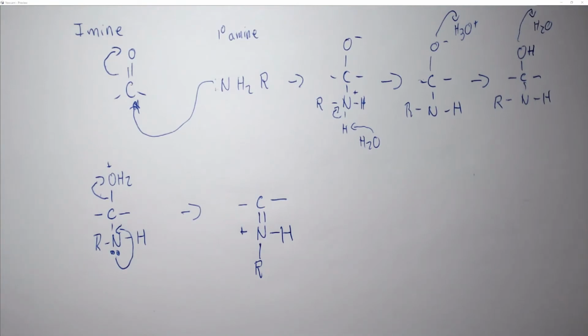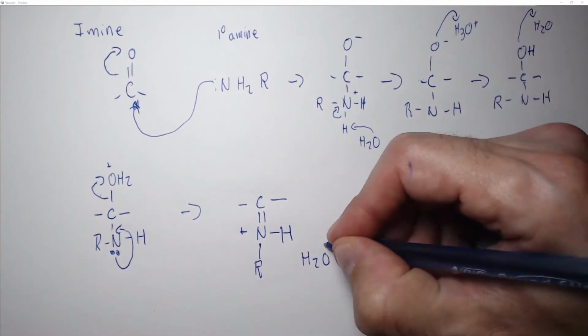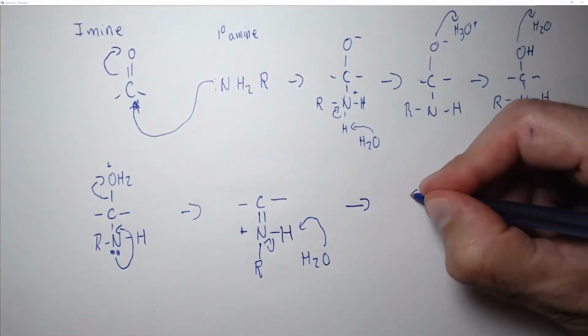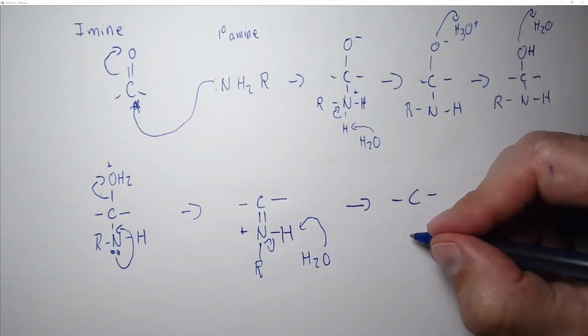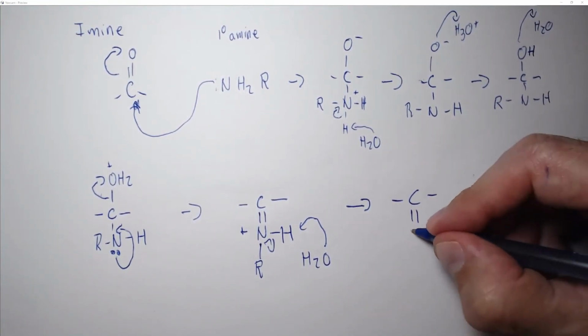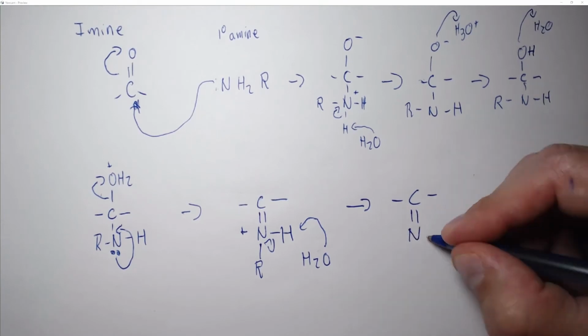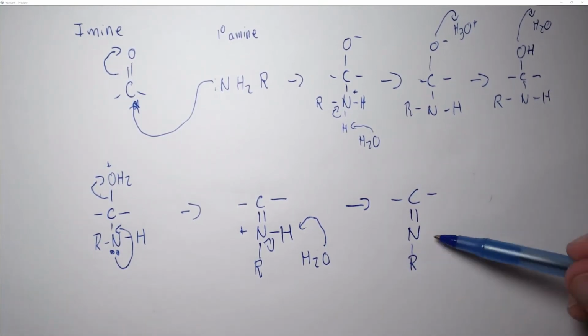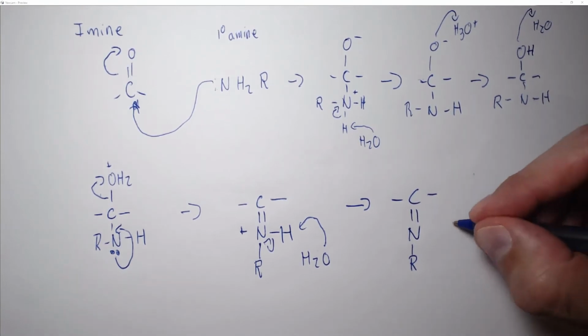What do we need to have happen? Well, what we need to have happen is something to take this away. So I'm going to use water, grabs this, resumes the lone pair, and what we end up with is a C bonded to two things, double bonded to an N, bonded to an R, like so. This is your imine.